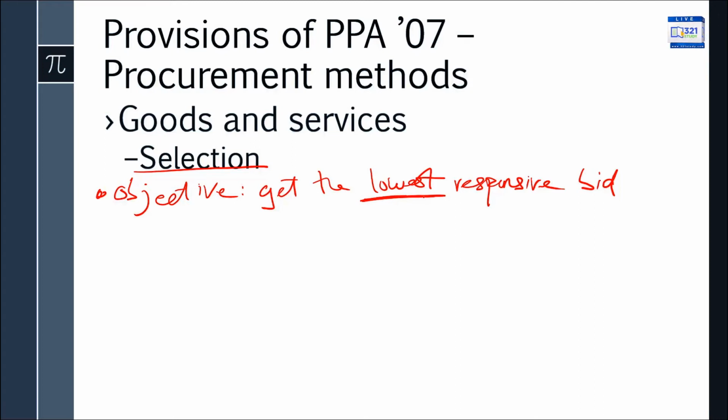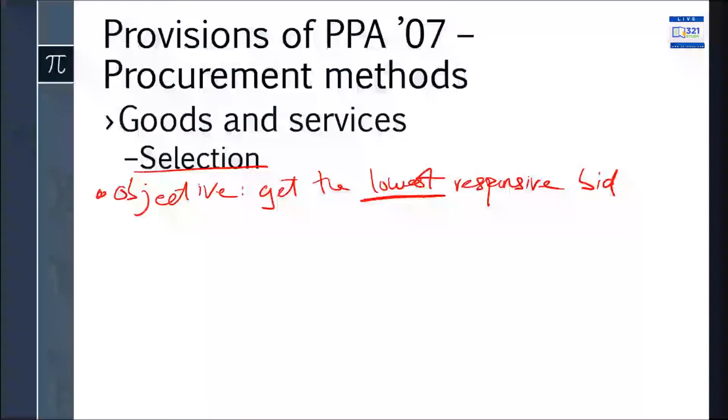Economy, of course, is getting low cost. Efficiency is getting good output for the input. Effectiveness, of course, is achieving your objectives. So when you're selecting, you want to get good quality input at the lowest possible price. So if it comes to a comparison between Pepsi and Coke, Pepsi is 100 naira, Coke is 150 naira. The tenders board will want to go for Pepsi because even though the satisfaction is the same, Pepsi is cheaper. Did I just start a riot?